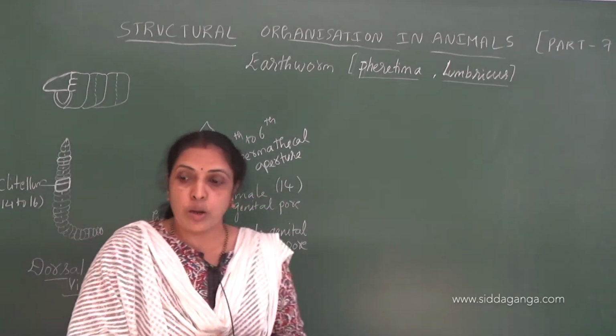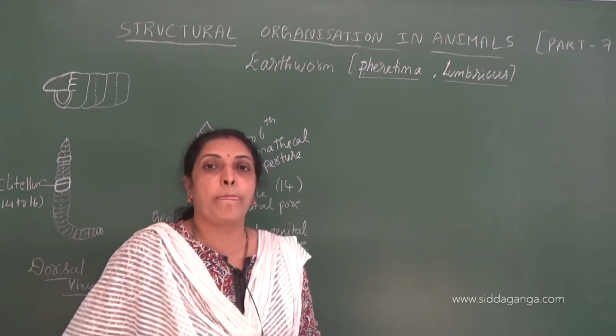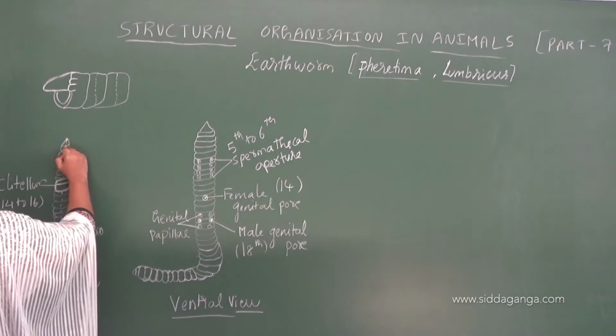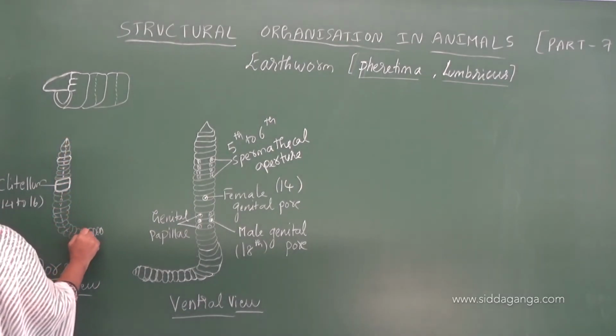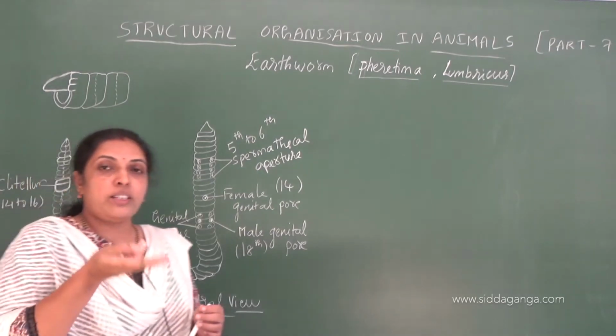Coming to the external morphology, this is a dorsal view. In the dorsal side, we see a mid dark line extending from mouth to anus. That represents the blood vessel.